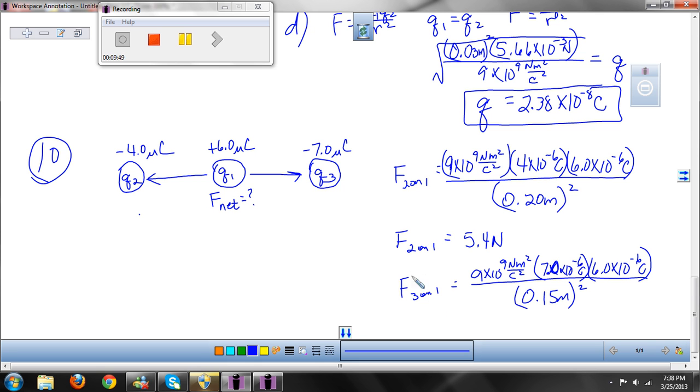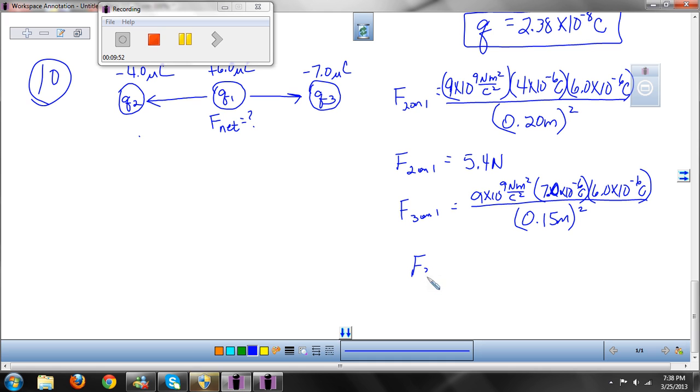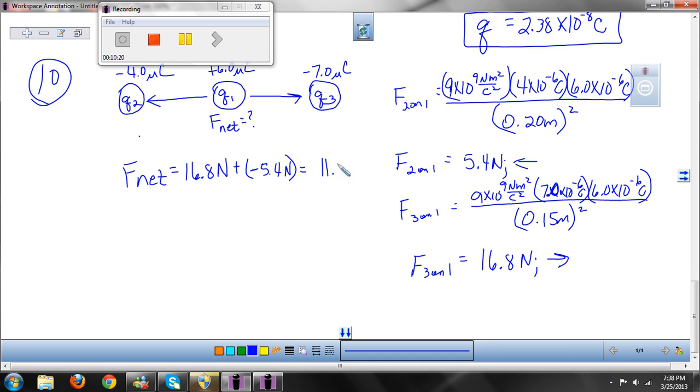So the force of 3 on 1, when I got that, I got 16.8 newtons. So the net force is my positive force plus my negative force. My positive force is 16.8 newtons because it's to the right. And then I have negative 5.4 newtons to the left, so I got 11.4 newtons, and it's to the right.